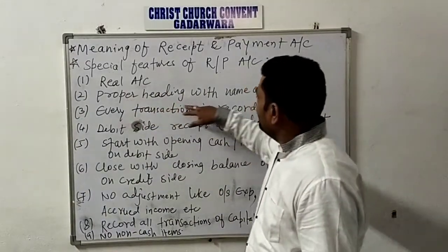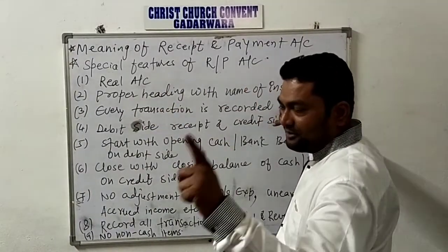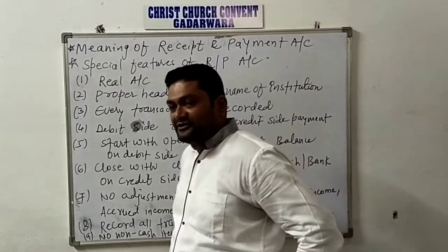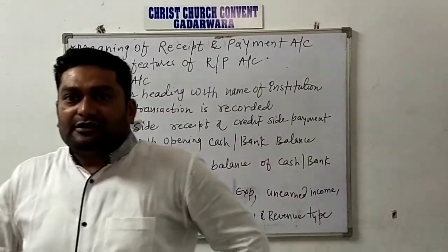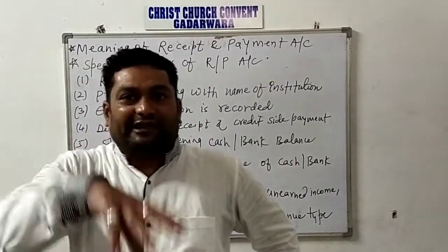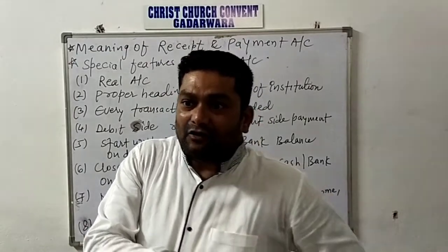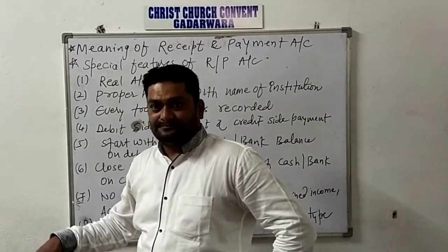So proper heading with name of institution on the top. Then every transaction is recorded. Every transaction means you do not have to think about where the money is coming from and where it goes.